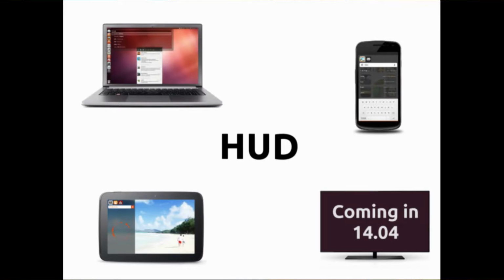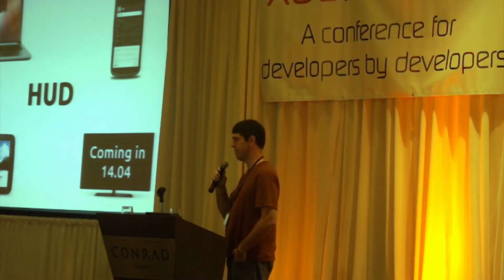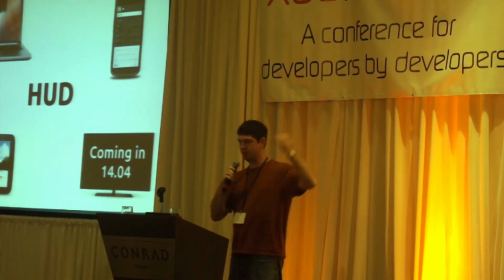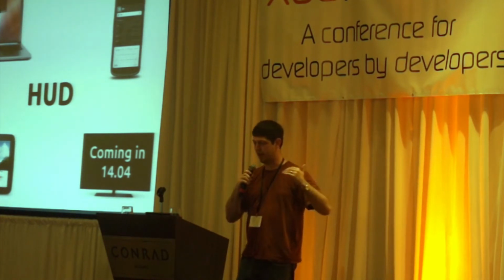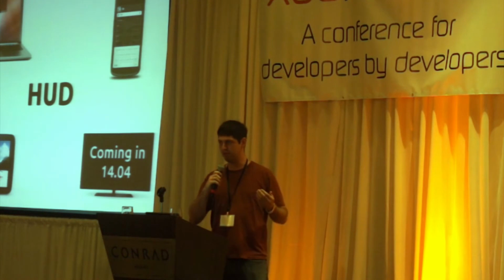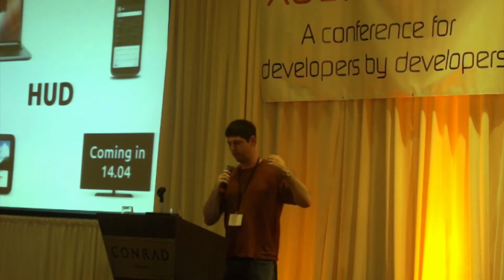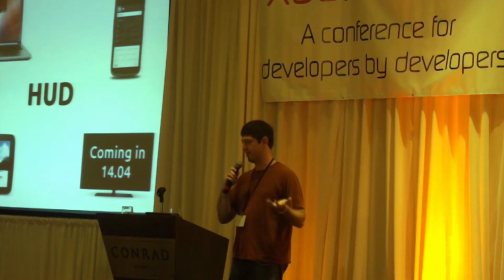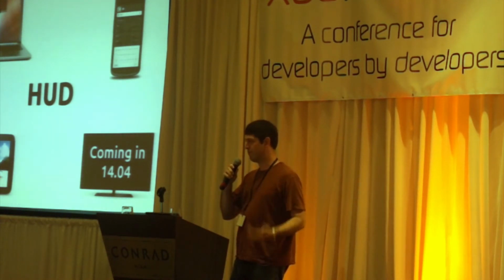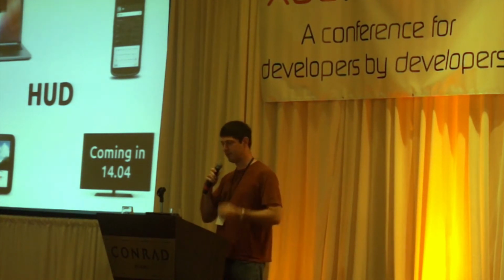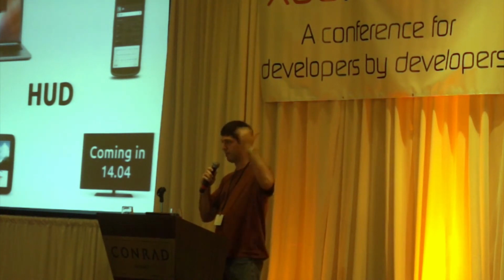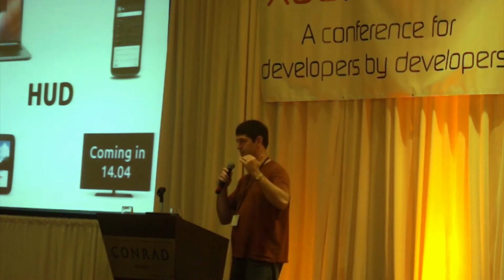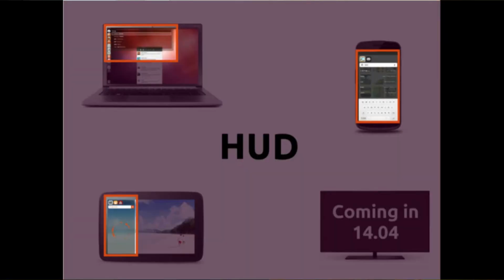And then the HUD, which was a new advancement that we made a couple of releases ago in the desktop, where we take all of your apps' huge nested menu structure, and we parse it and we make it searchable. So you don't need to know where in GIMP you need to go to find the blur filter. You just hit your Alt key, you type blur, and it'll come up with a list of suggestions from GIMP's menu that you can choose from.